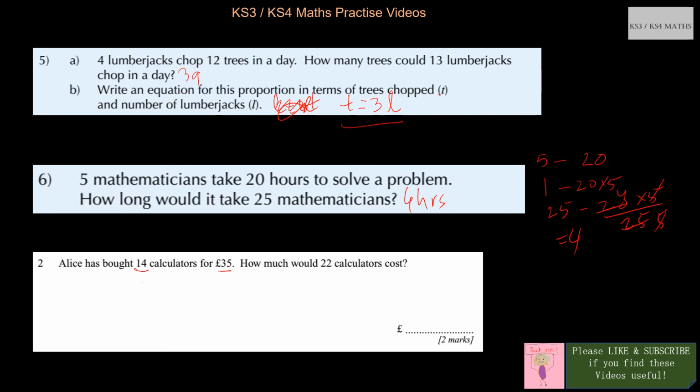So one calculator would cost less than that, so it would be 35 divided by 14. So 22 calculators would cost 35 divided by 14 multiplied by 22. So that would be 2 times 7, 11, 5 is 55 pounds.